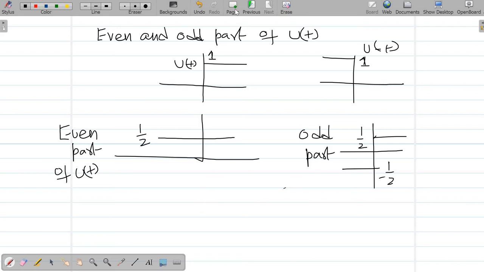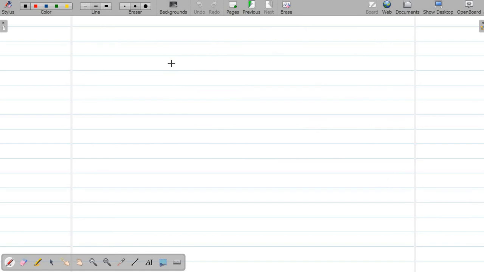So let us take the next problem. Let us say we are given a function x of t is equal to delta of t plus 2 minus delta of t minus 2.